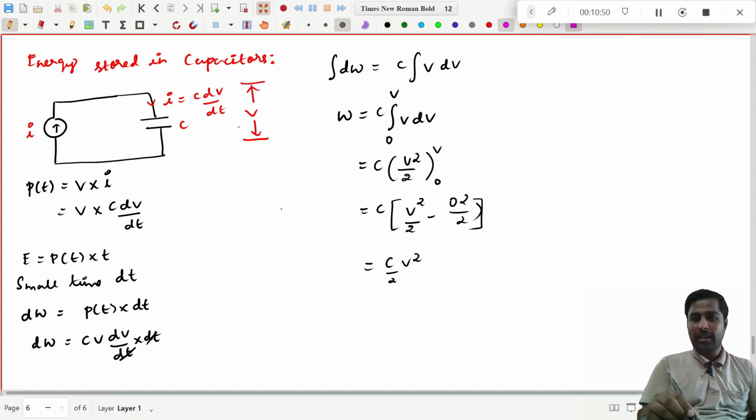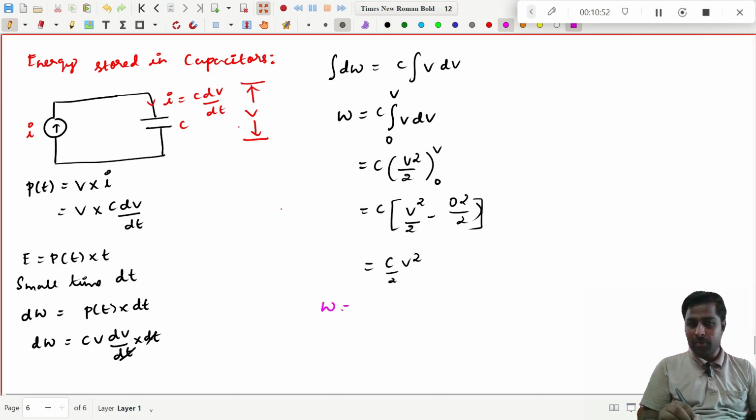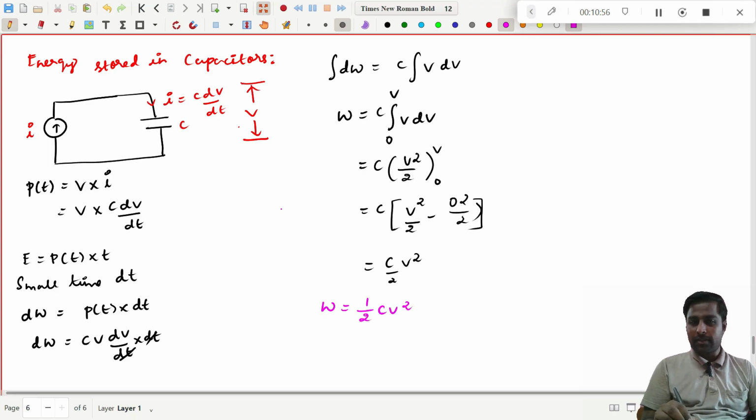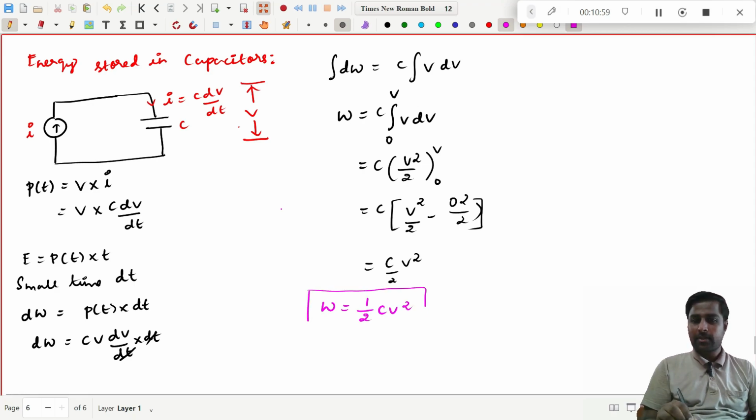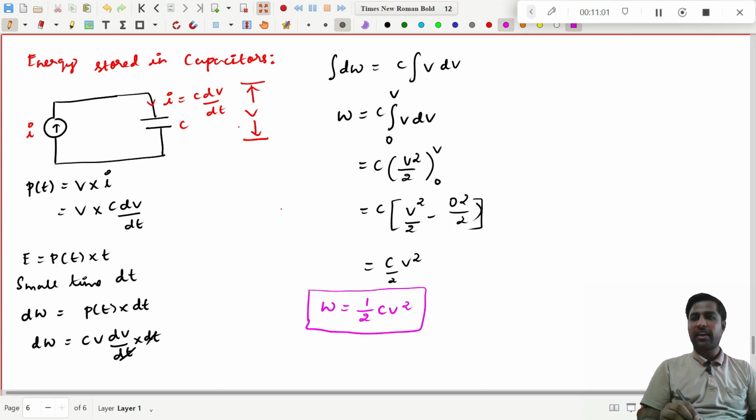So I can finally write W will be equal to 1 by 2 C V square. That's all. This is the final expression.